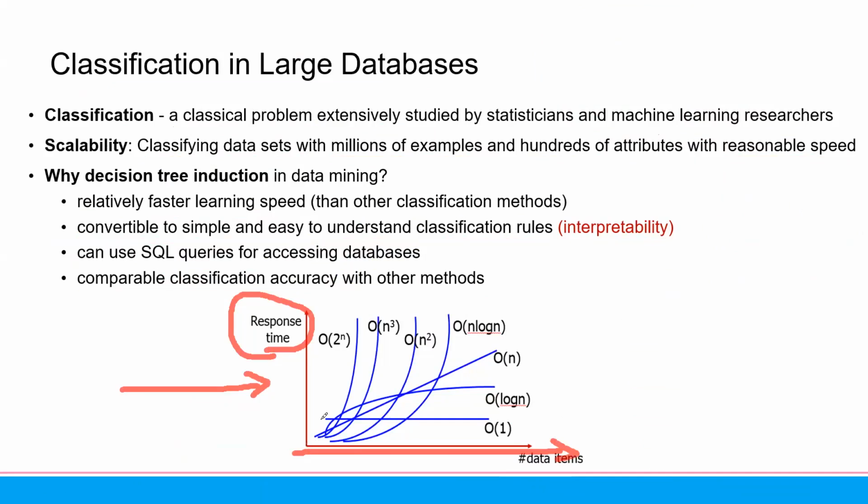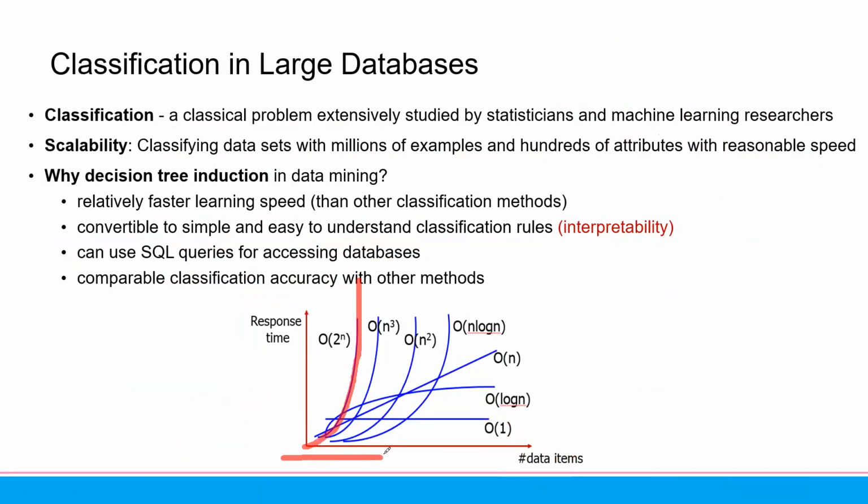If your algorithm is O(1), of course it is good, because the higher the number of the data, the time is still always the same. But if we have O(2^n), like this one, the higher the number of the data items, the response time gets very high.